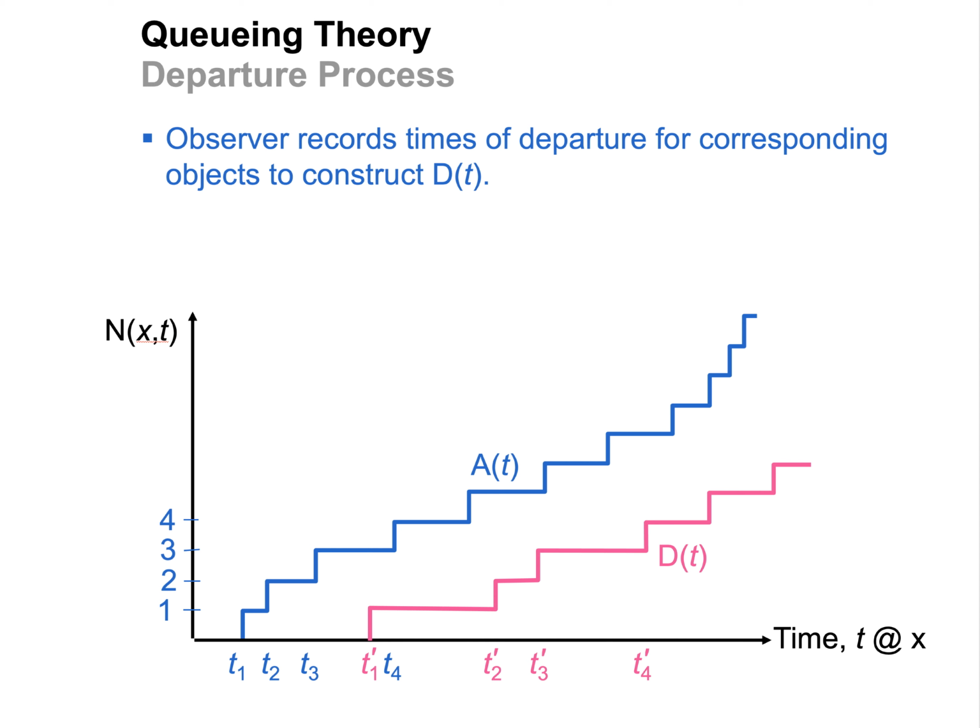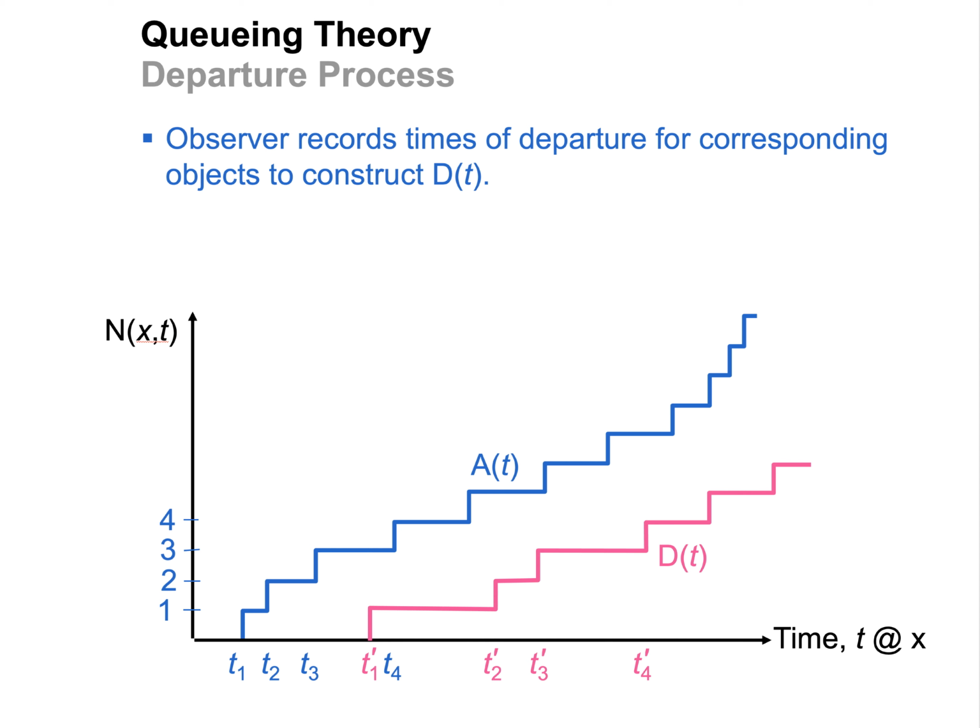So let's talk about the departure process. We've seen the arrival curve a of t. And imagine that you're an observer. If we're talking about a grocery store check stand, you can simply see what time customer number 1 departs. That's t prime sub 1. And so the time in the system for customer number 1 is t prime sub 1 minus t sub 1.